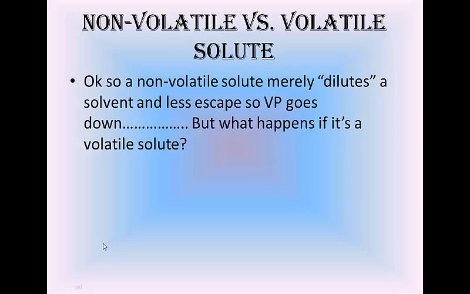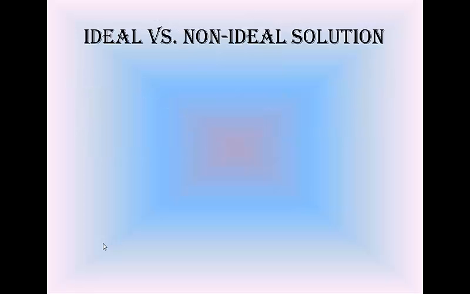So when a non-volatile solute is placed in a solvent, only the solvent escapes. But what happens if you have a solute that also evaporates? What happens if you have a volatile solute? That's what this portion of the video is going to discuss.